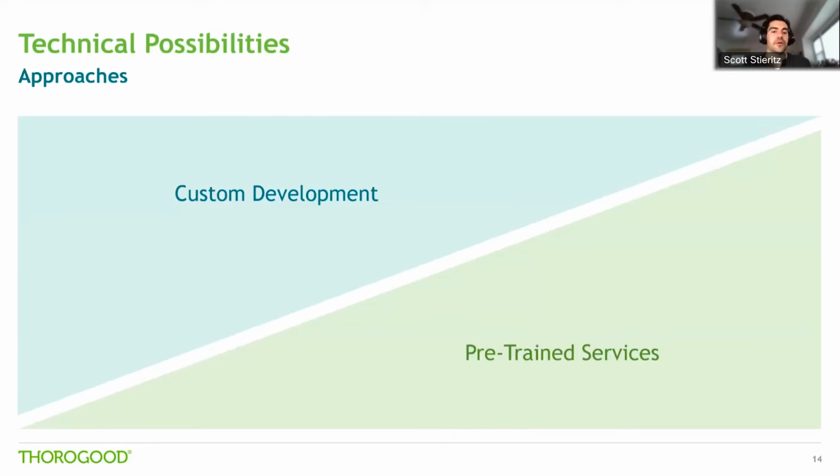On the other hand, we could look at pre-trained services for helping us with medical text analytics. So this is subject to the functionality that's built into the tool. It's a little bit less customizable and flexible and extensible than we would see with custom development of medical text analytics approaches or algorithms. But this will have a much lower barrier to entry than we might see in some of the custom development approaches.